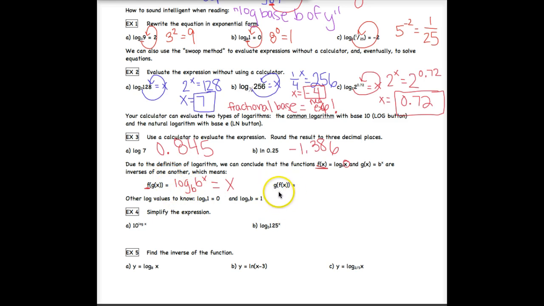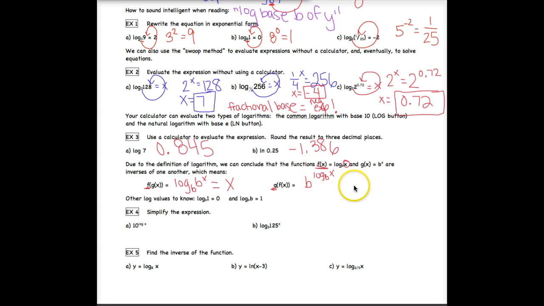So let's look at g of f of x, because that might give us another property. So g is the outside function, so right here, g. So b to the, remember that when I'm doing a composition, I replace x. So in place of x, I'm putting in this whole function, log base b of x.